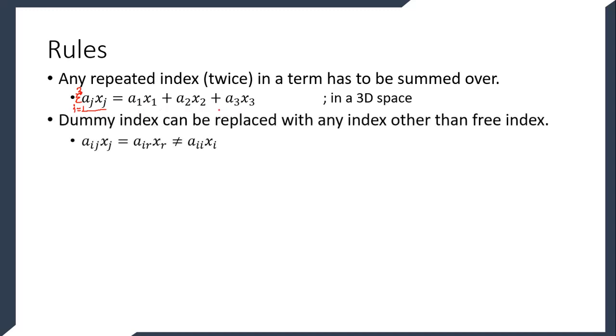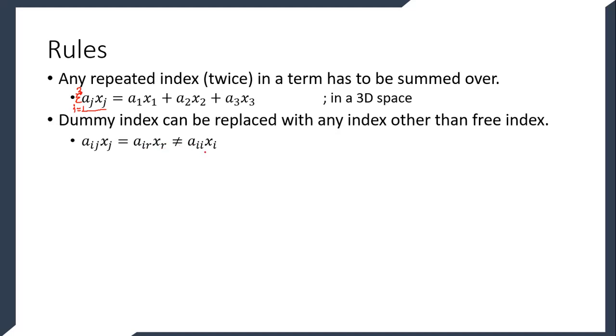The second rule is that a dummy index can be replaced with any other index other than the free index. We can write a product group as aij xj. When you ask, can I replace j with any other letter? Yes, you can replace j with any other letter and write it as air xr or aip xp.